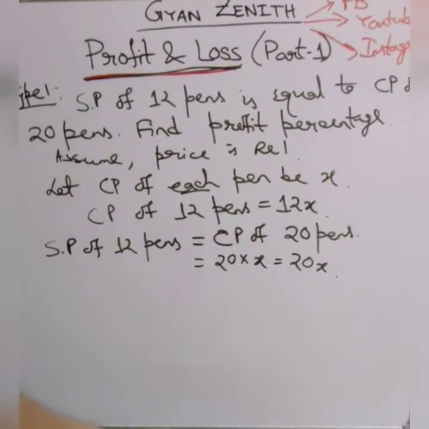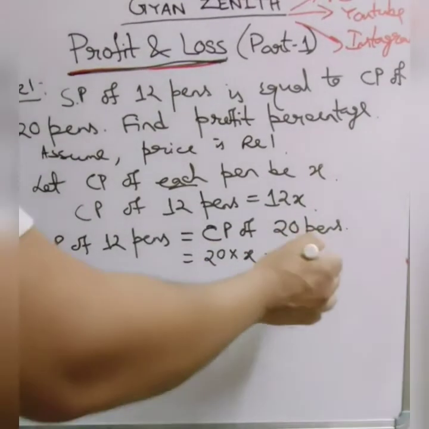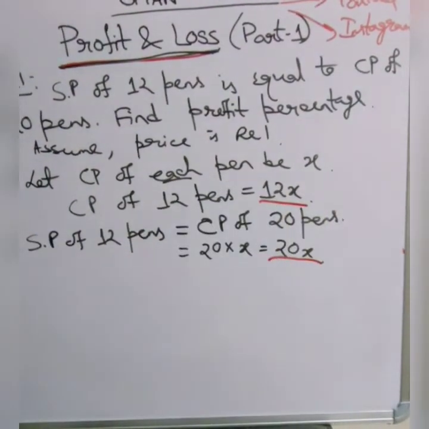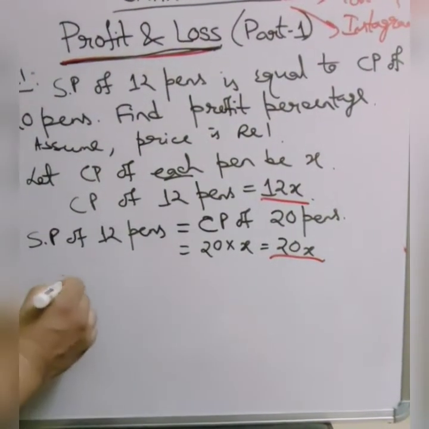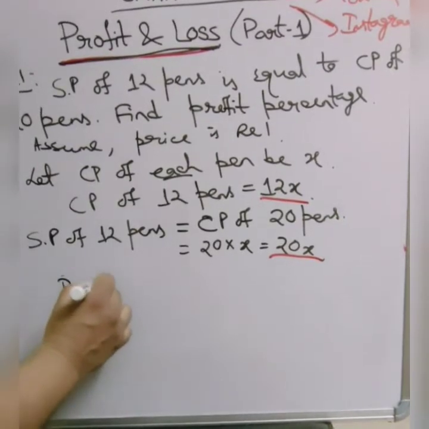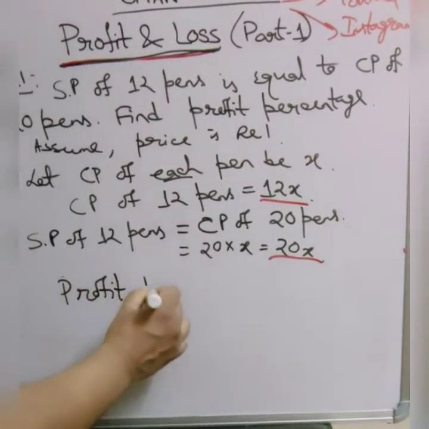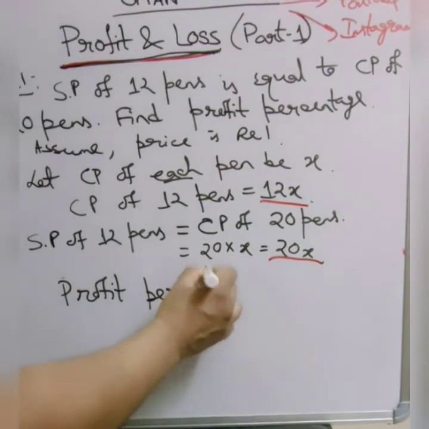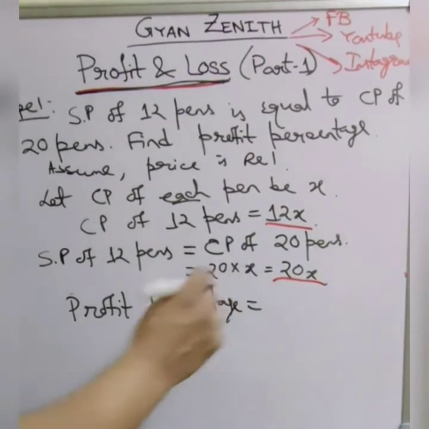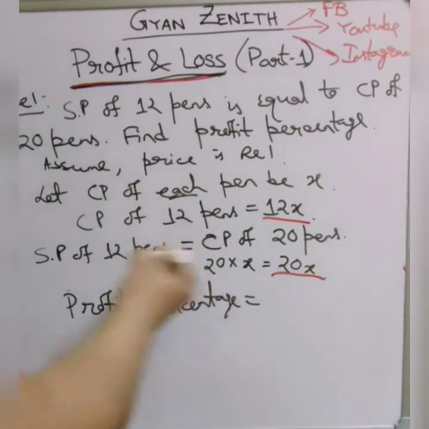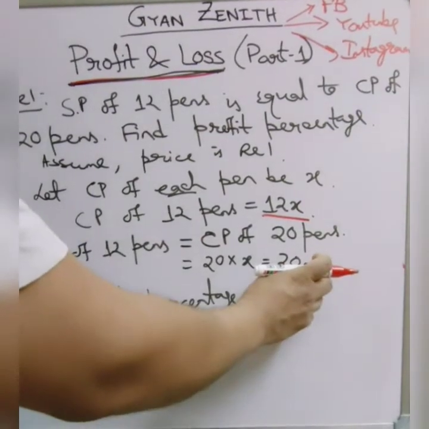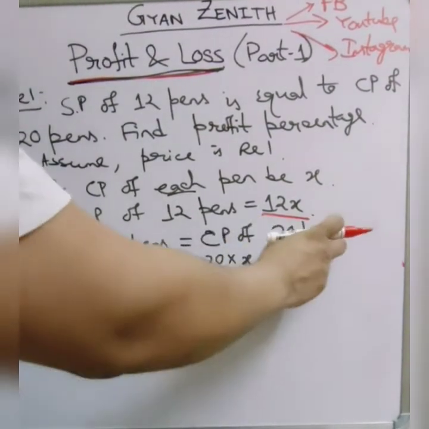So now I have the SP, I have the CP. So what will be the profit percentage? SP of 12 pens is 20X, because that is the CP of 20 pens.